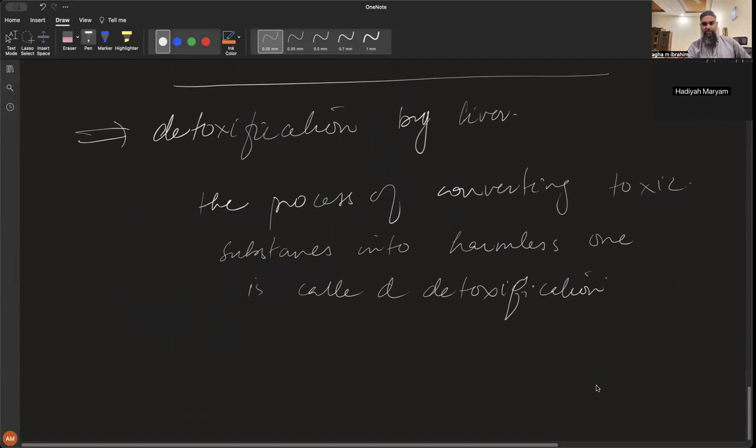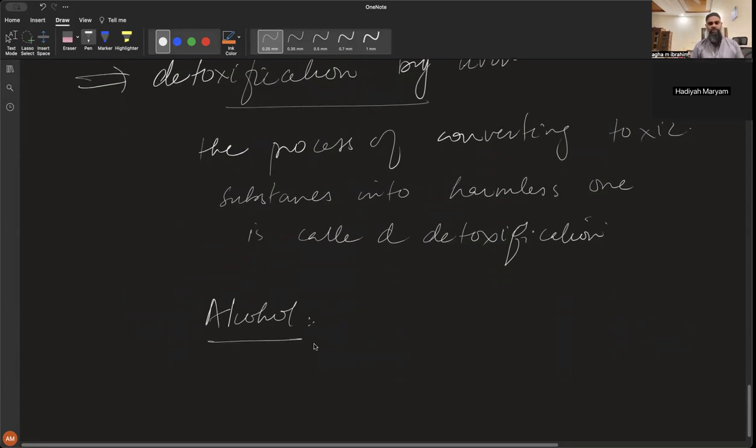One important thing that the syllabus outlines for us to understand is alcohol. The liver actually detoxifies alcohol. So when alcohol is consumed, what does it do?